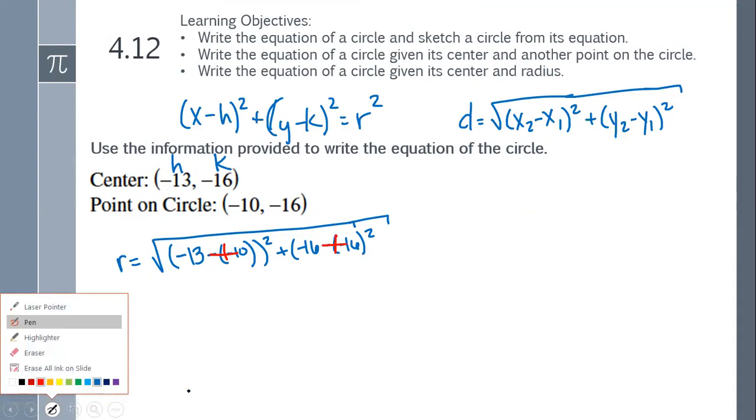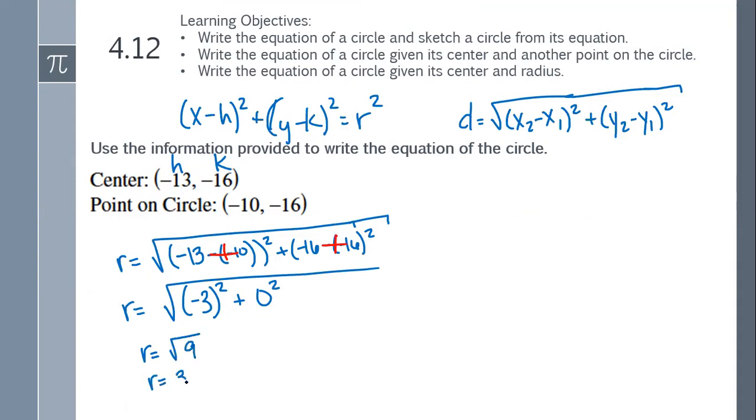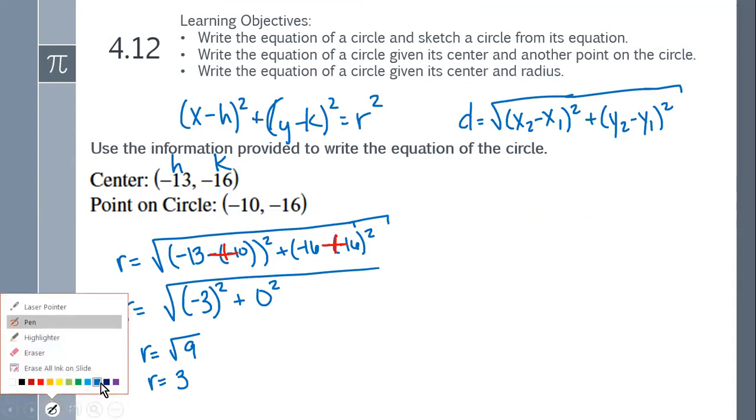Not a big deal. So negative 13 plus 10 is negative 3, squared, plus negative 16 plus 16 is nothing, so 0 squared. So my radius is the square root of 9, so my radius is 3. So now that I have h, k, and r, I can plug them into the equation and be done with it.